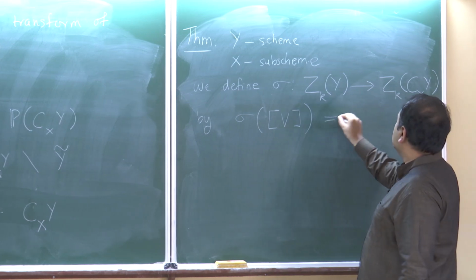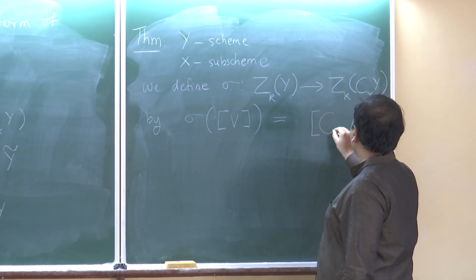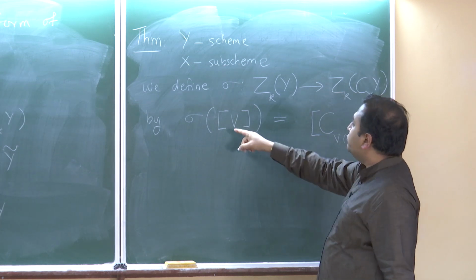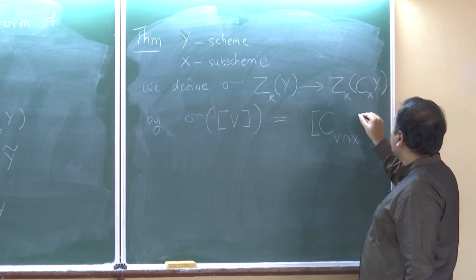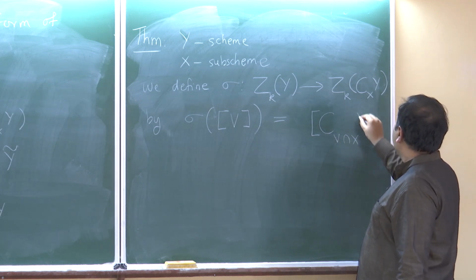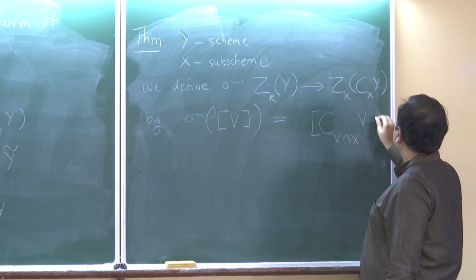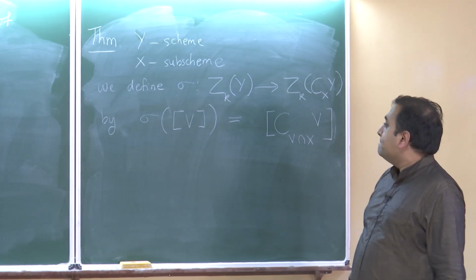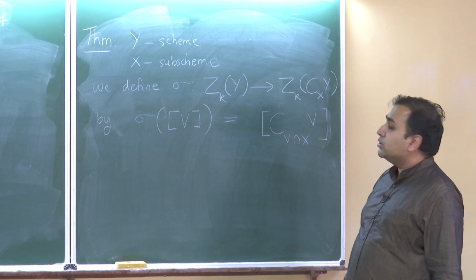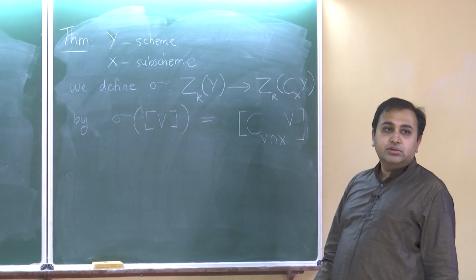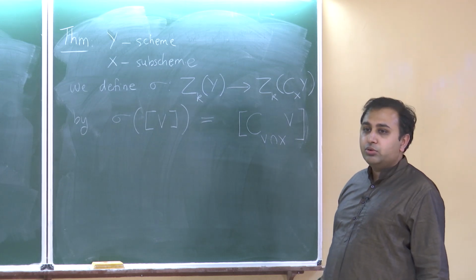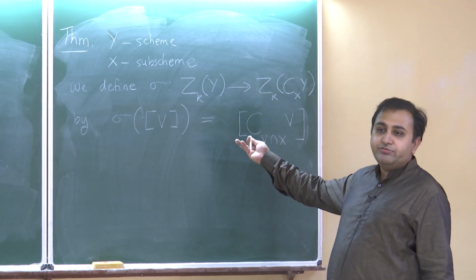So the definition is sort of the only thing that would occur to you. You take the intersection of V with X, and then you take the cone of V at this closed subvariety. As I said, we are looking at the cone as a tubular neighborhood around X, right? So now the idea is just to intersect V with that neighborhood.